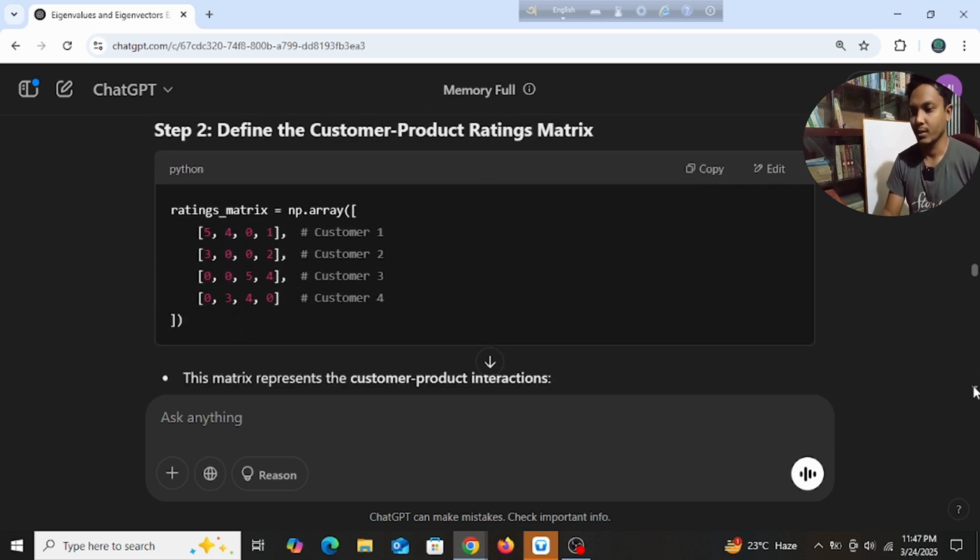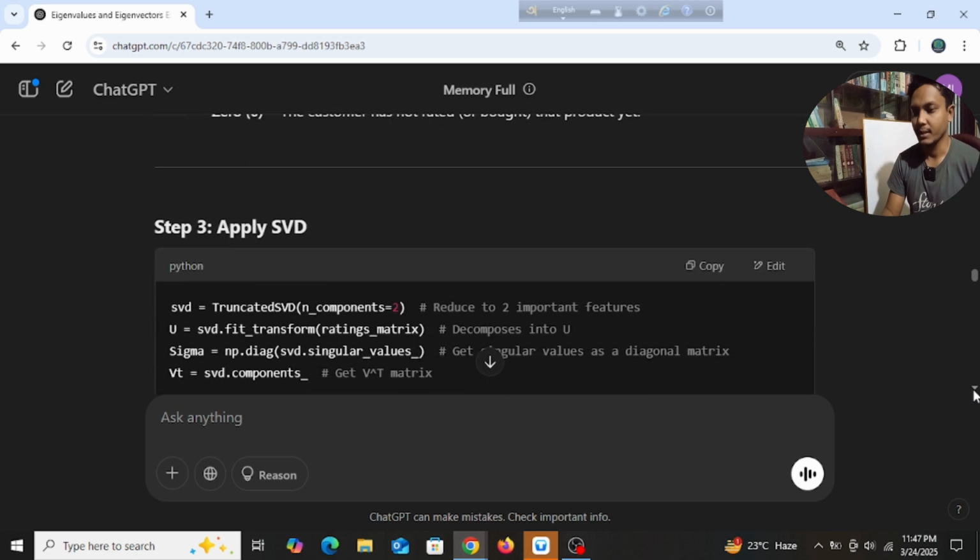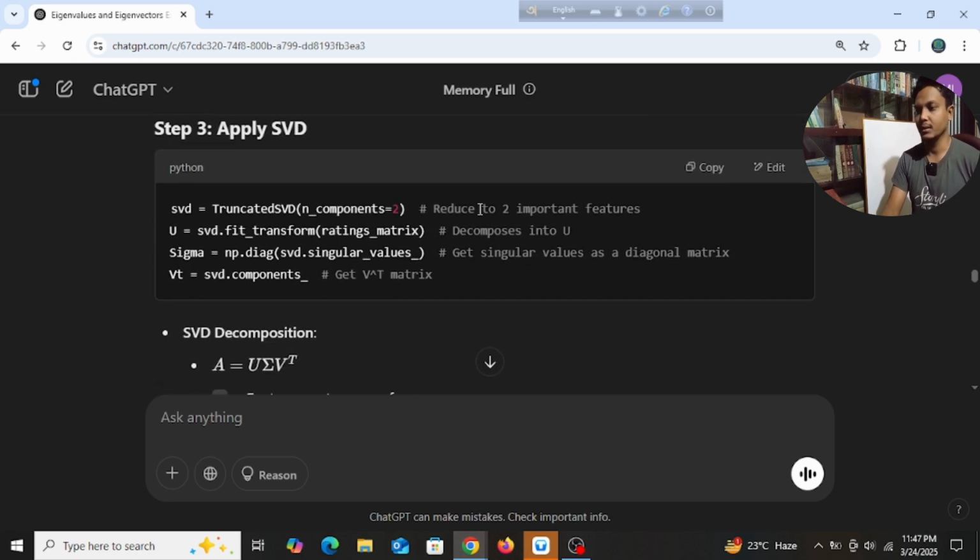So define the customer product rating matrix you see here, and applying SVD. Okay, so reduce to two important features. Two important features are being stored in this SVD variable, right? Because we have so many features, we're not considering everything, because we don't need to.